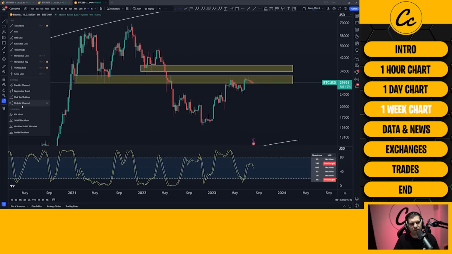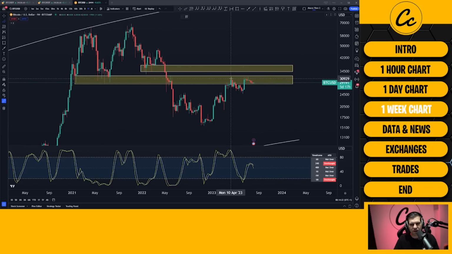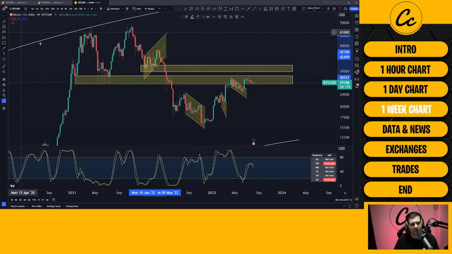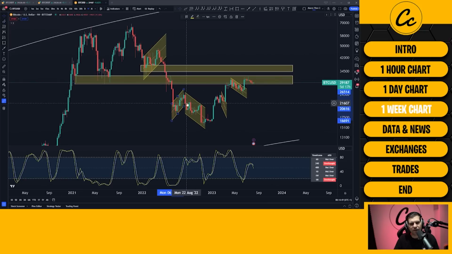Now, also to note, let me find my parallel channels here, and this isn't going to be perfect. I'm just going to illustrate this on here. When we have these lower highs and lower lows, they do have a tendency to wanting to break on upwards, right? We can see this time and time again, over and over again. In fact, we can see these at multiple different levels, right? And so what happens here is when you are in higher highs and in higher lows, you tend to break on down, okay, as you can kind of see in our bear market over here, for example, and when you're in lower lows and lower highs, you have a tendency to wanting to break on upwards.